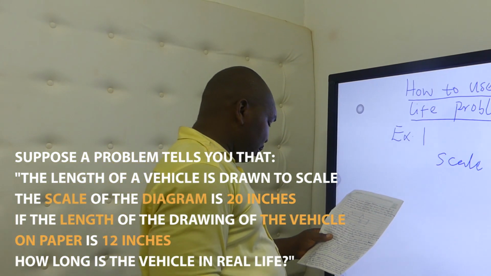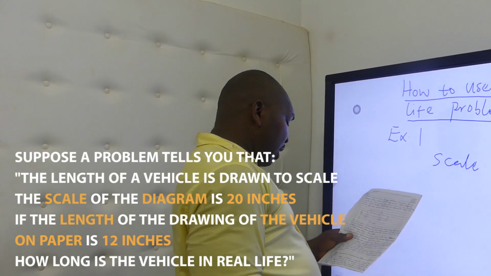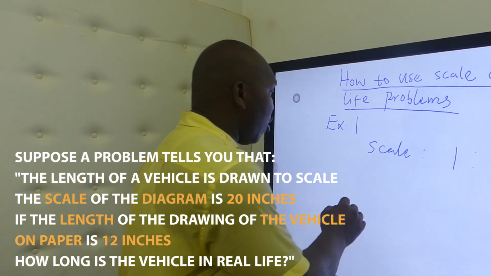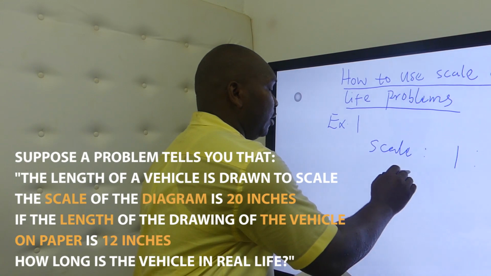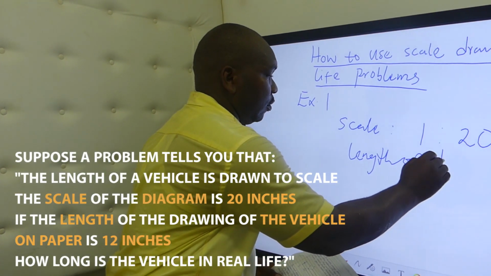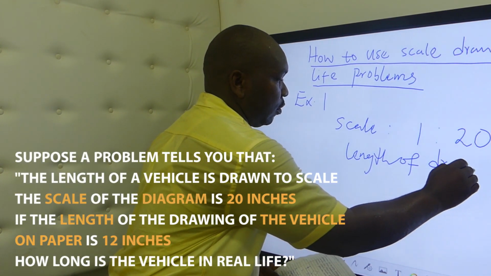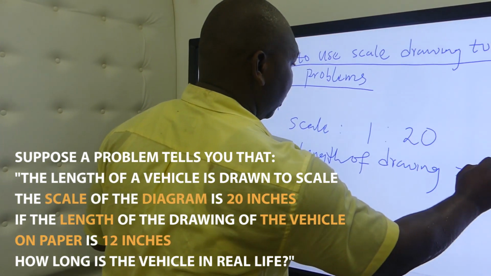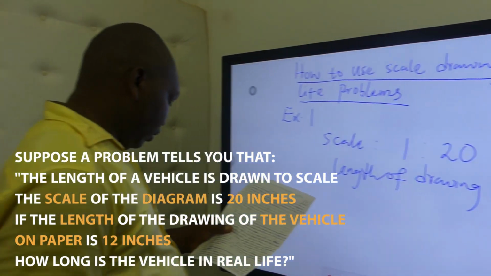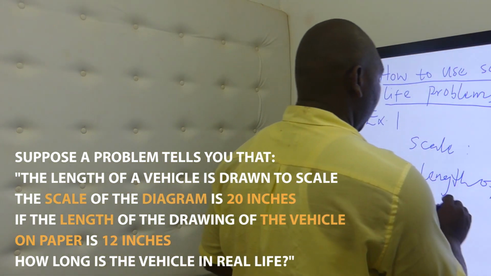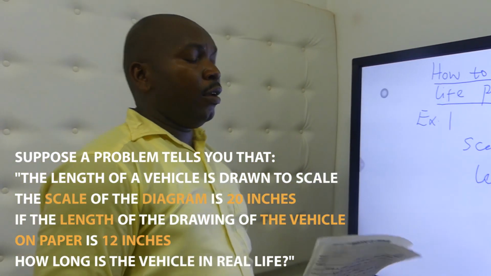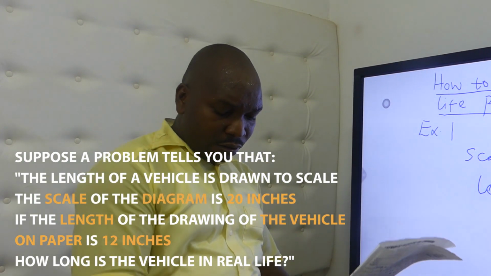If the length of the drawing of the vehicle on paper is 12 inches, so length of drawing on paper equals 12 inches, how long is the vehicle in real life?